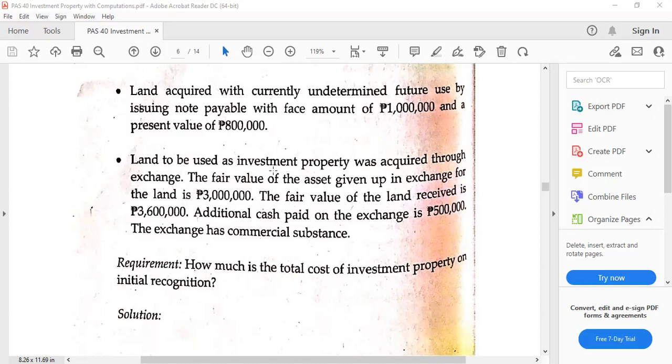Now, for the fourth one, what about if exchange? In an exchange type of acquisition, just like in the discussions of property, plant, and equipment, we are going to capitalize the cost of the land, for example, or any IP with the fair value of the asset given up plus any cash difference.